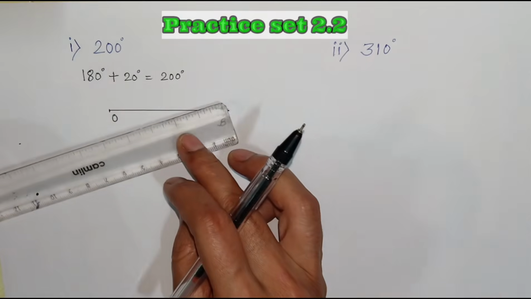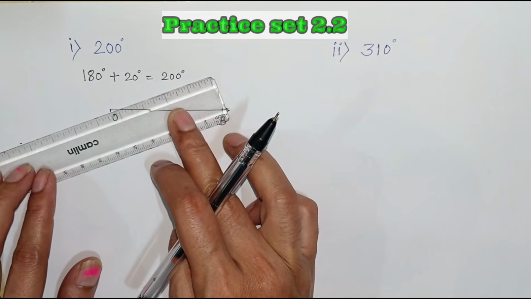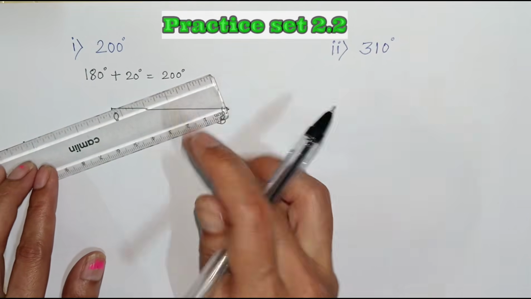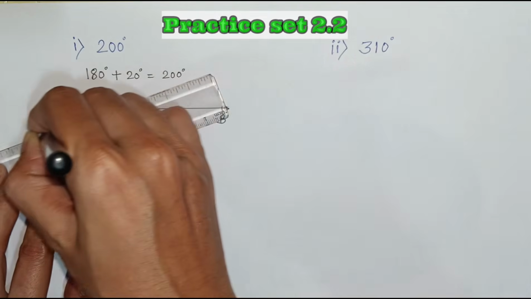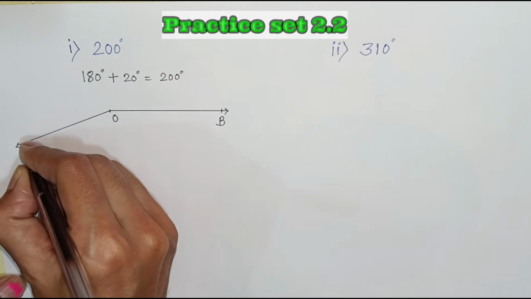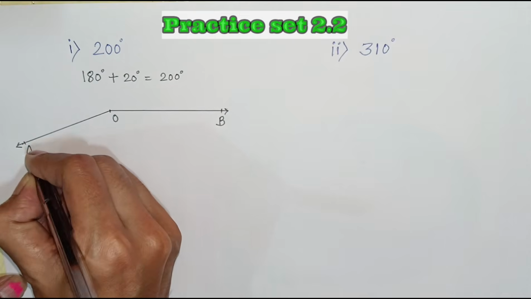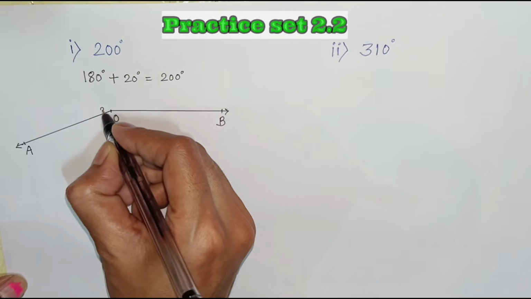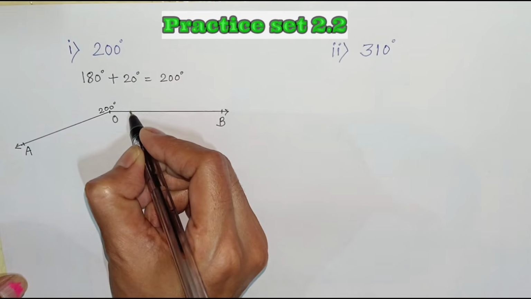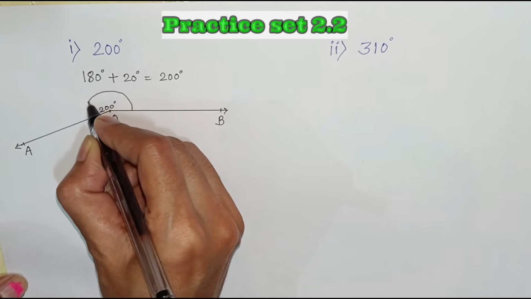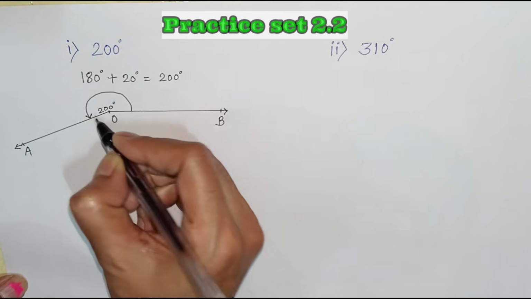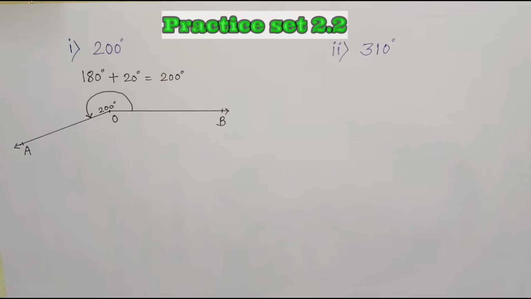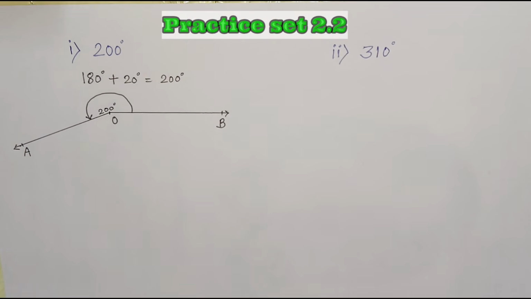Now join these points. This is our point A. So here we have drawn a 200-degree angle, which is our reflex angle. In the same way, we will draw 310 degrees. Let's see. Here also first we will have to draw a ray.